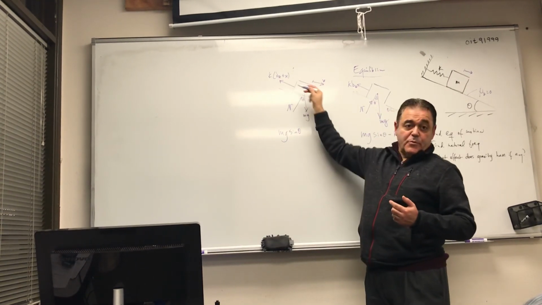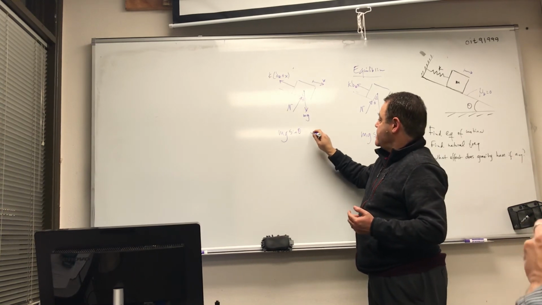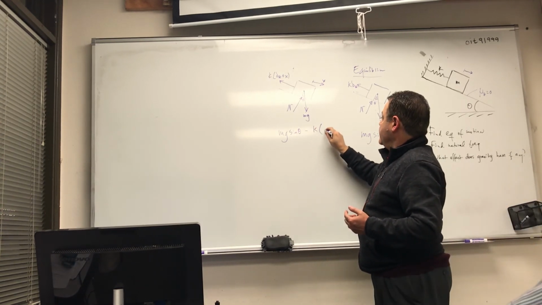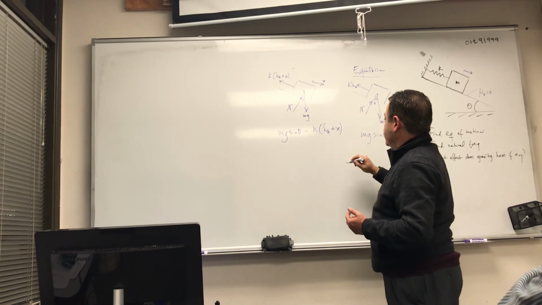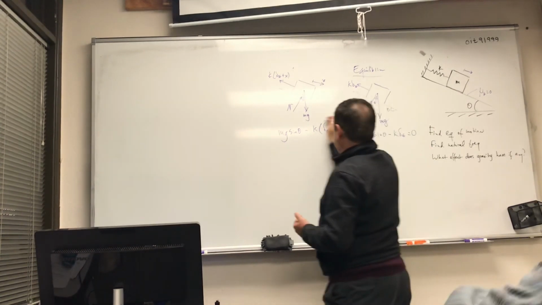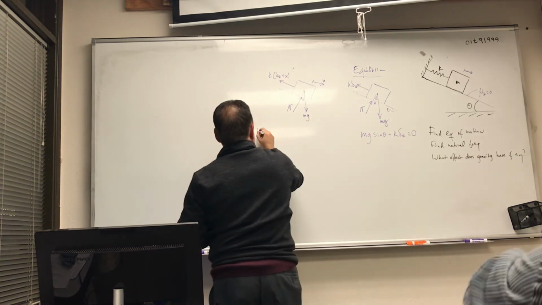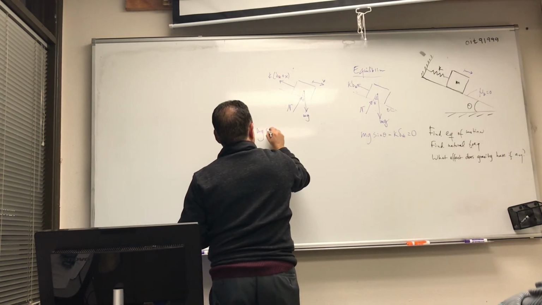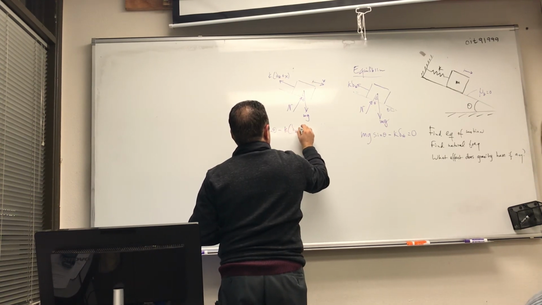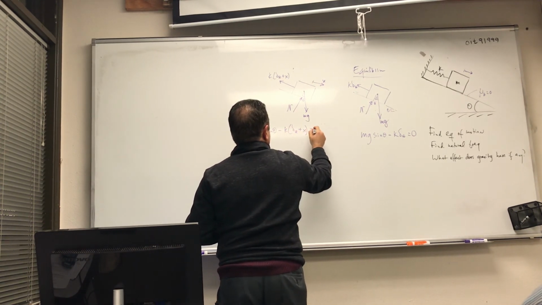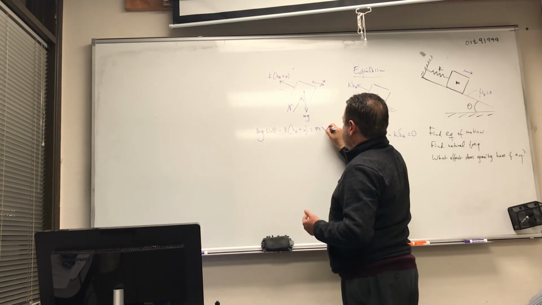Obviously, I have to subtract that force, minus k delta st plus x. mg sine theta minus k delta st plus x equals m x double dot.